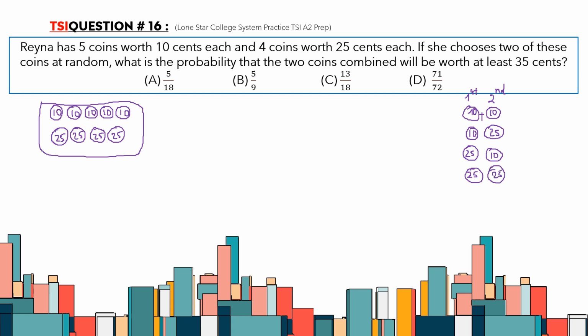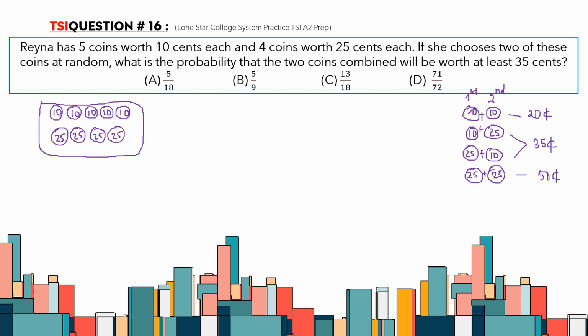So to combine the value of those, this one is 20 cents. This one will be 35 cents. And this one will be 50 cents.